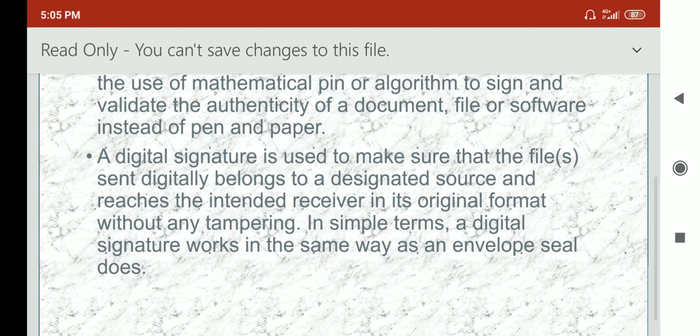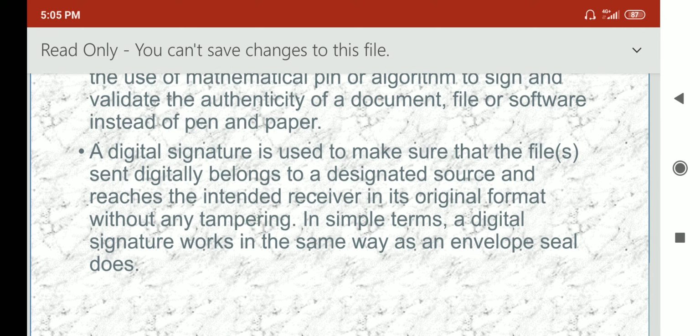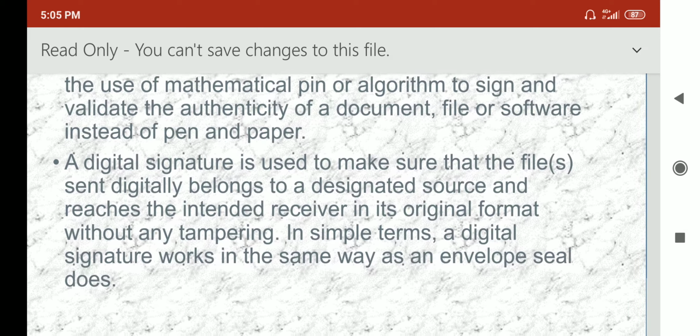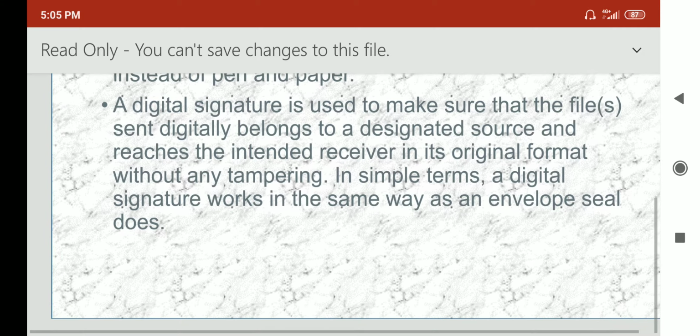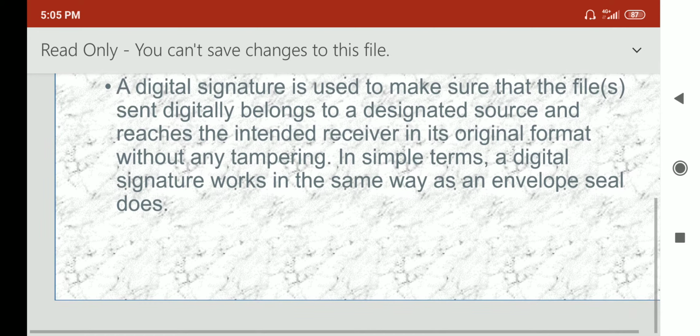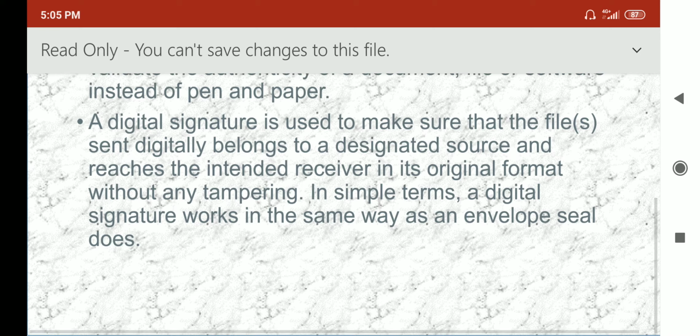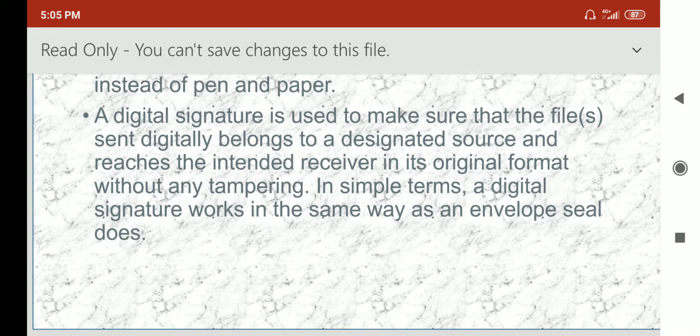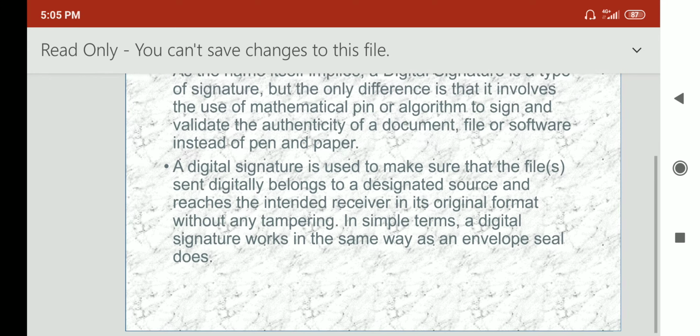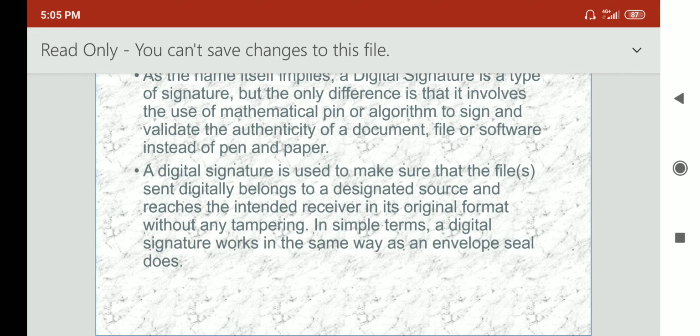A digital signature is used to make sure that the file sent digitally belongs to a designated source and reaches the intended receiver in its original format without any tampering. In simple terms, a digital signature works in the same way as an envelope seal does.